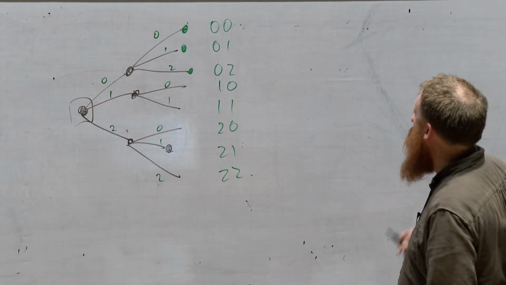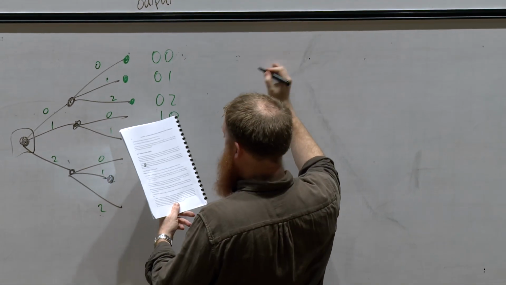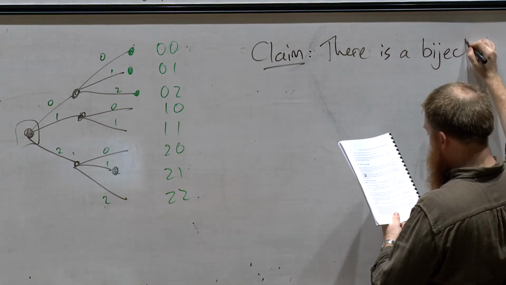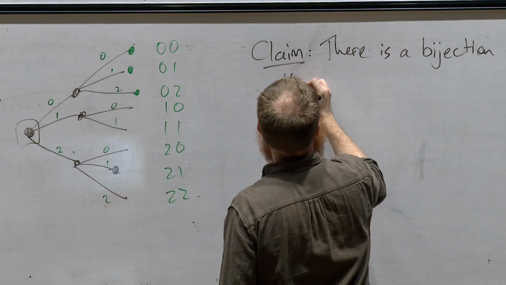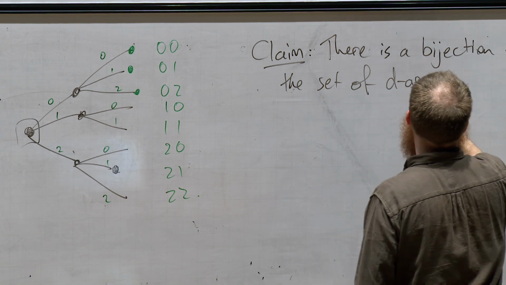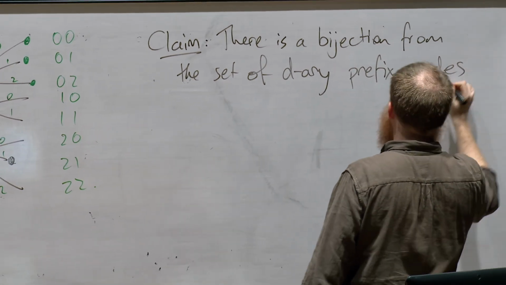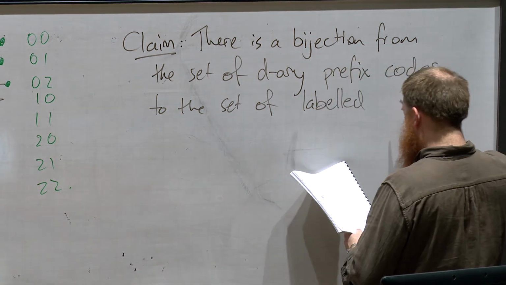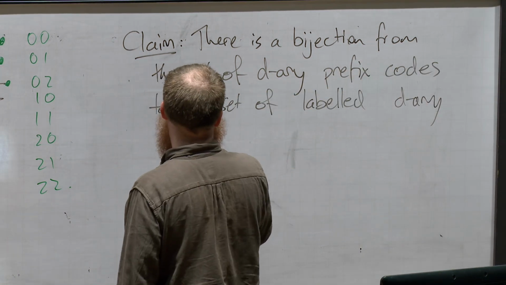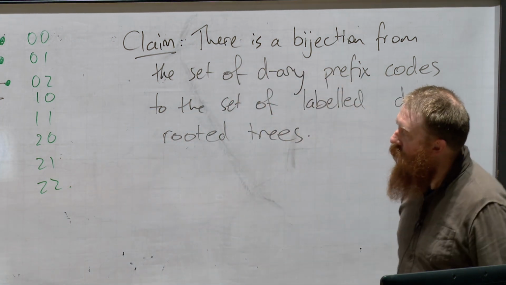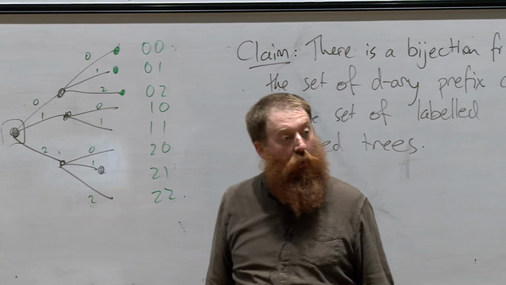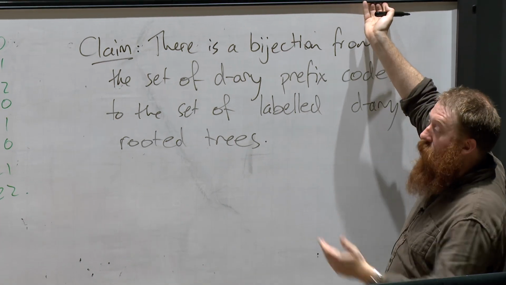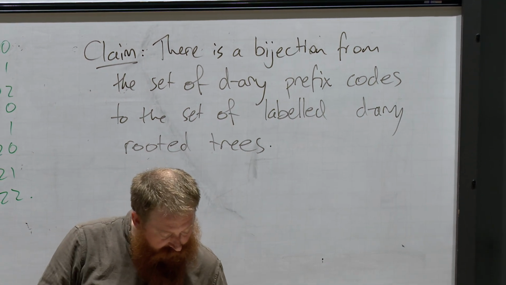Good. So claim: there is a bijection from the set of d-ary prefix codes to the set of labeled d-ary rooted trees, whereby labeled I mean that every branch has a label which comes between 0, 1, 2, etc. Okay, so the main thing we're going to be doing is we're going to use this tree structure to analyze what's going on in our codes.